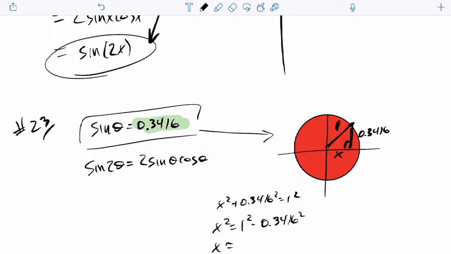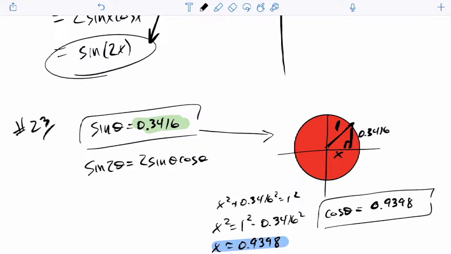I end up getting here x is 0.9398 approximately. That's my x value. So therefore, I know the cos of theta is adjacent, which is 0.9398 over hypotenuse. So that becomes my cos.